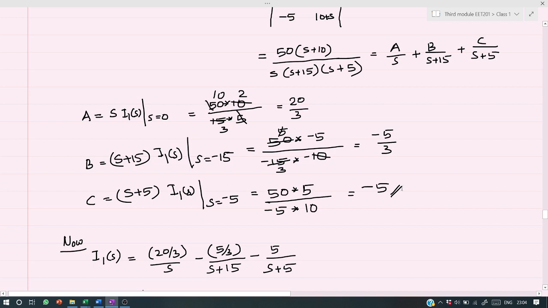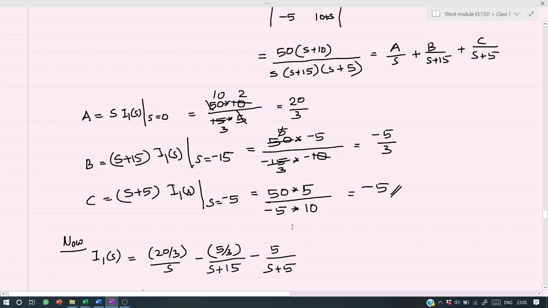Now we can substitute the values of A, B and C in this expression in order to obtain the solution of I1 of S. I1 of S is 20 by 3 upon S minus 5 by 3 upon S plus 15 minus 5 upon S plus 5.